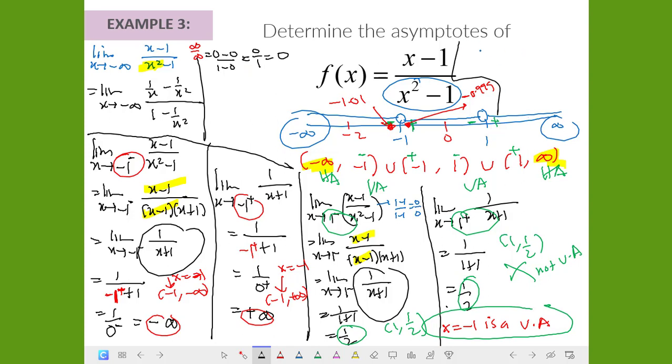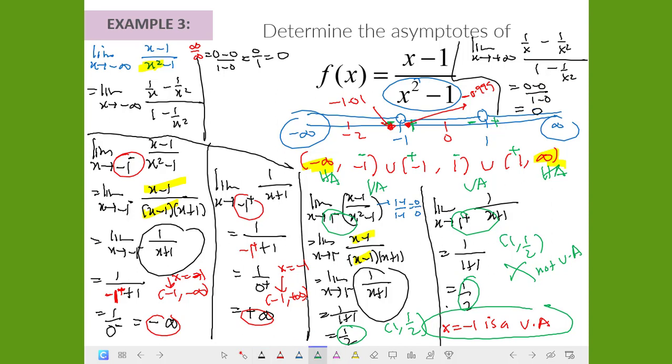We'll do here, okay? Limit as x tends to positive infinity is an indeterminate form, so divide with the highest power of the denominator: 1 over x minus 1 over x squared, over 1 minus 1 over x squared. Substitute, we get 0 minus 0 over 1 minus 0. That is equal to 0.